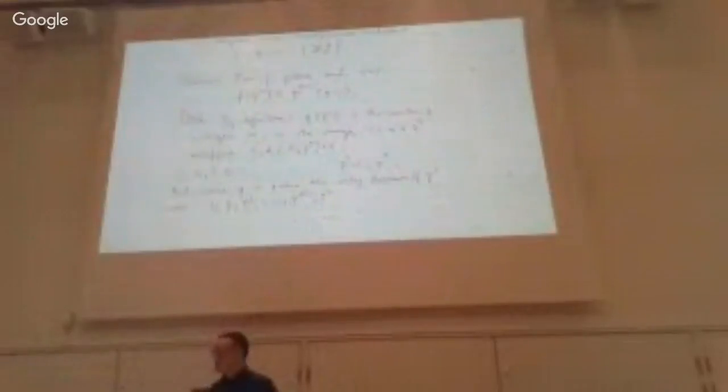So basically, if p divides m, then the greatest common divisor of m and p to the n will be at least p, and since p is a prime number, will hence be strictly greater than 1.